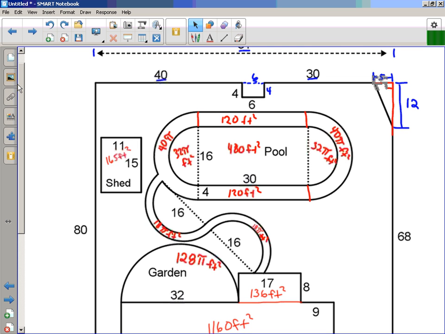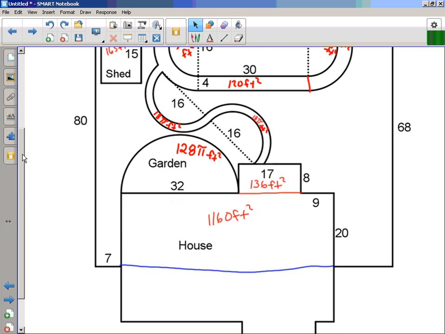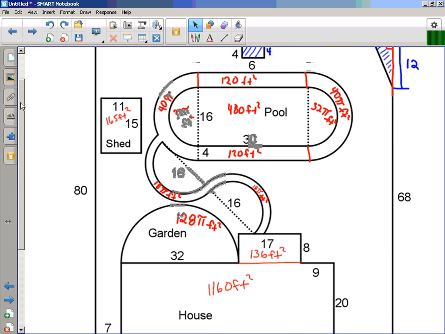Well, we got a couple little outliers here. We've got this little bitty box up top, this one, and we've got this little triangle here. And those have to be removed as well because they are encroaching into our yard. So if I move down and take a look at everything else, it looks like we've got all of them except for that.